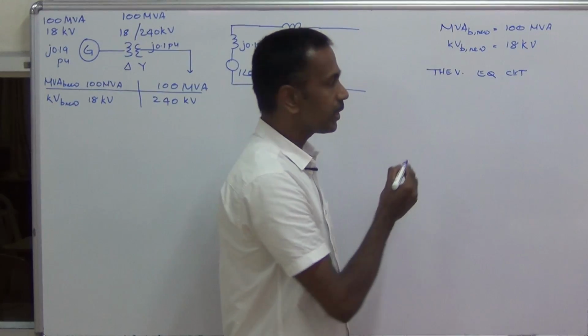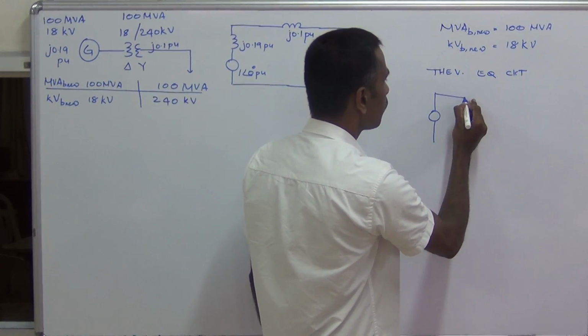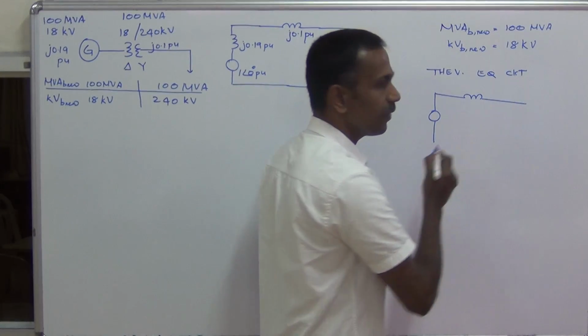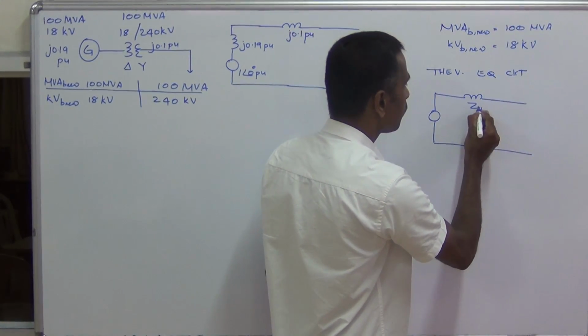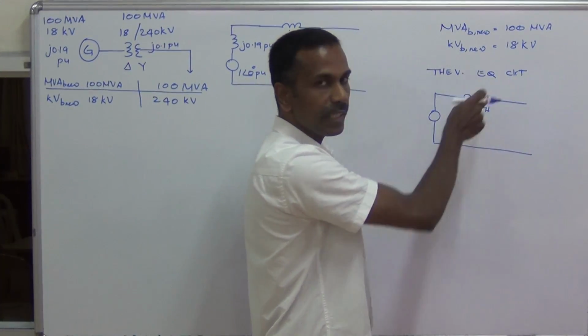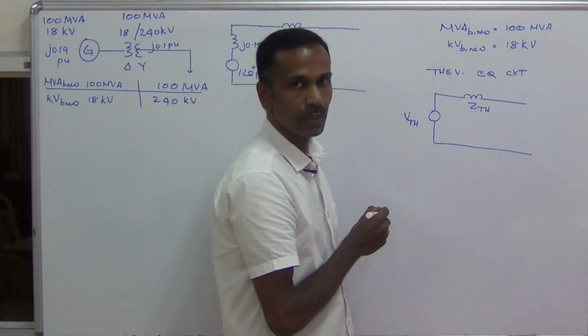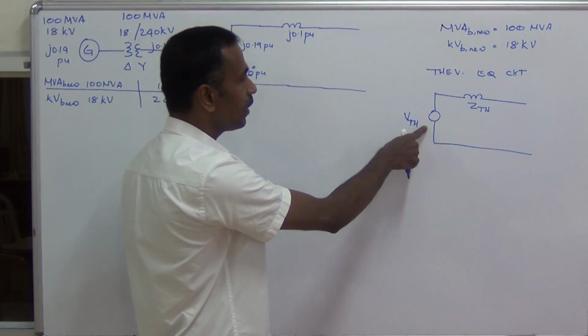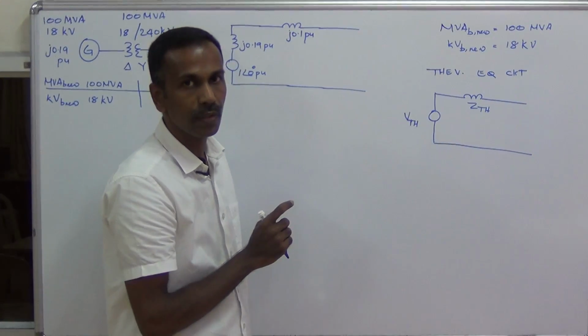The Thevenin's equivalent circuit consists of a voltage source in series with the Thevenin's equivalent reactance. This is the Thevenin's impedance or the Thevenin's equivalent reactance. This is the Thevenin's voltage source.